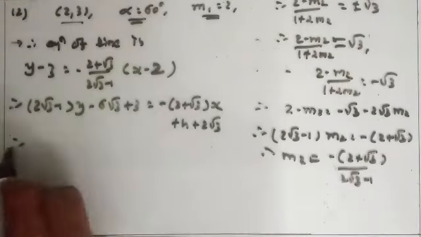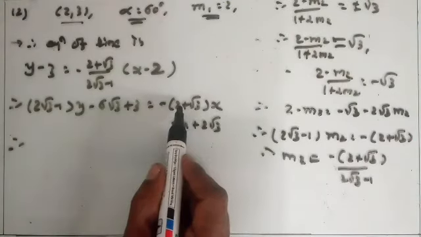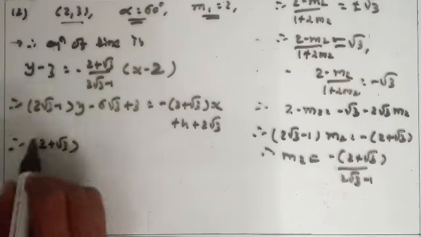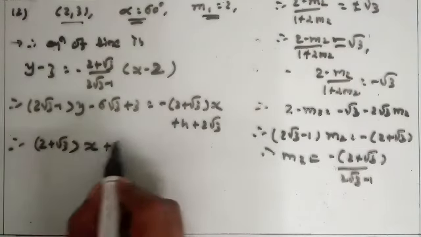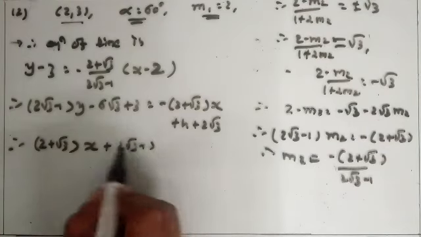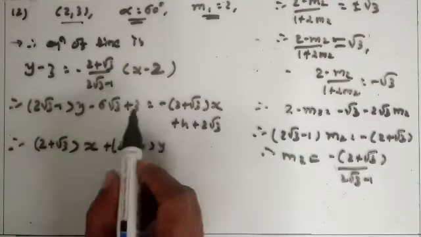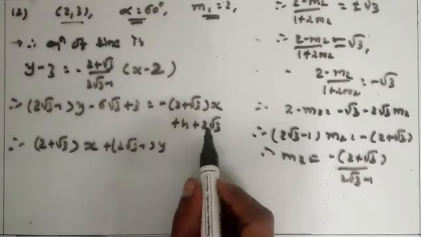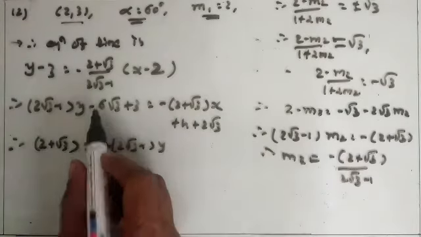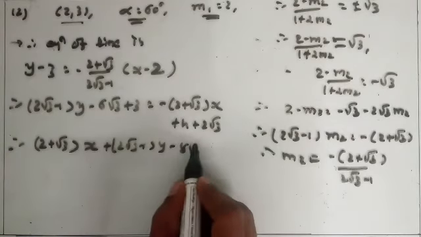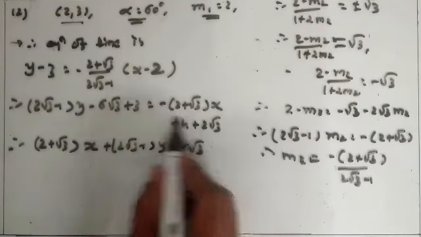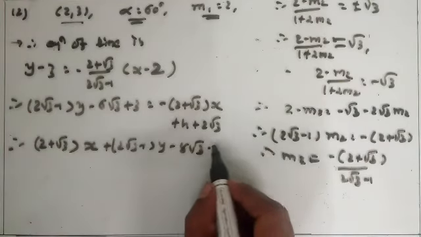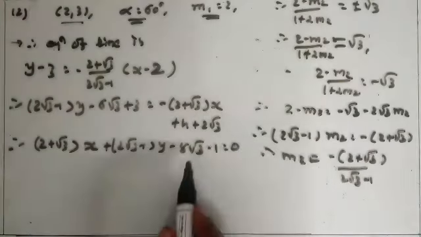Clear? Therefore minus (2 plus root 3) x take this side, so we get (2 plus root 3) into x plus (2 root 3 minus 1) into y, and 4 plus 2 root 3 take this side, so 2 root 3 minus, and this becomes minus 8 root 3, 4 take this side, so minus 4 plus 3, that is minus 1, equal to 0.